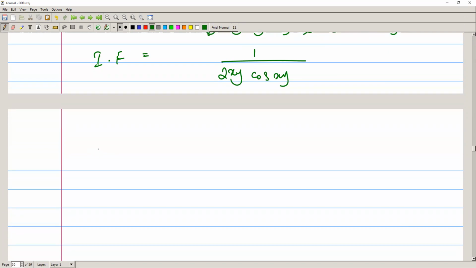Now we can simply multiply the equation by this integrating factor.